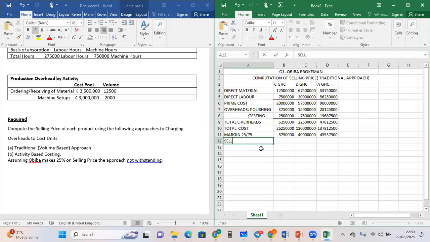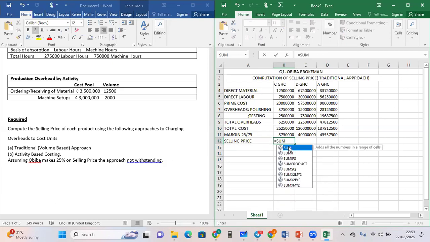So now the selling price is going to be equal to the sum of the two, the total cost and then the margin.